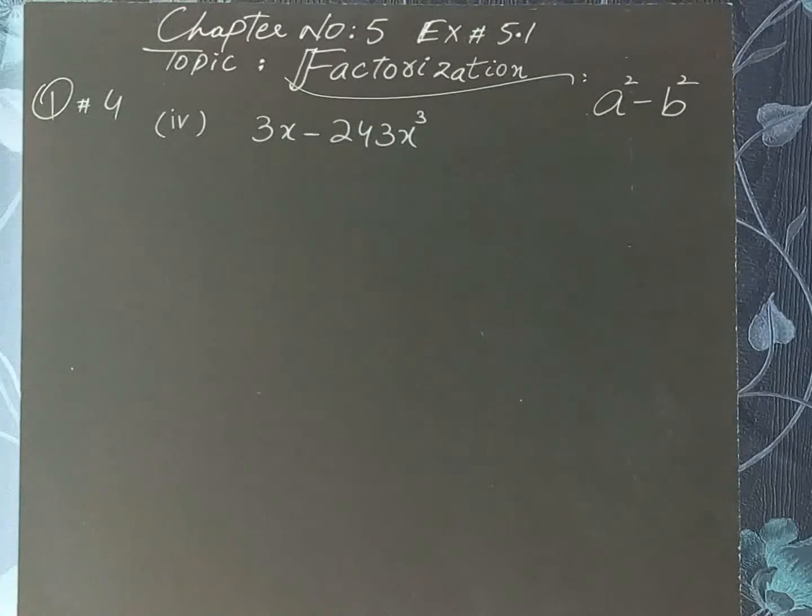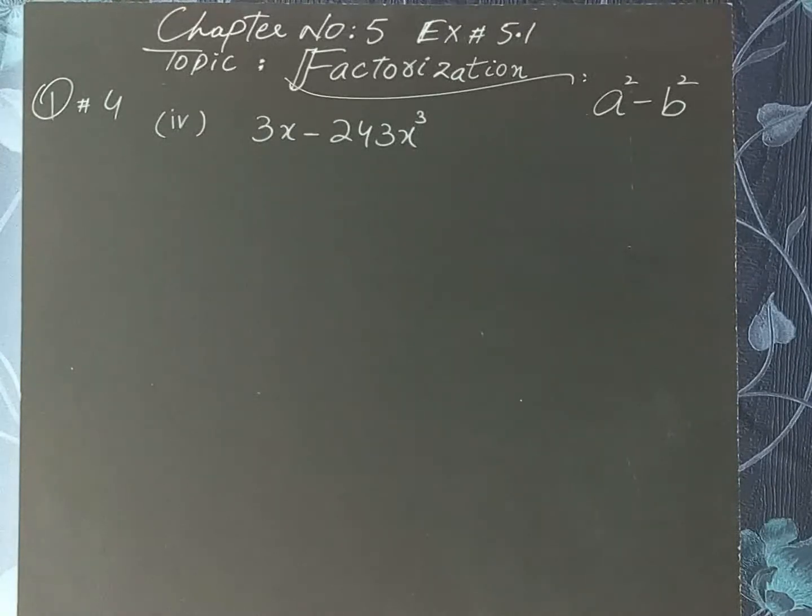Okay guys, the last part that I am going to solve over here is 3x minus 243x cubed. All four parts are the same, so I skipped part 3, which you will solve yourself. So here are two terms again. First of all, we'll check for the common. The common can be 3 because 3 and 243 are divisible by 3, and x is also common.